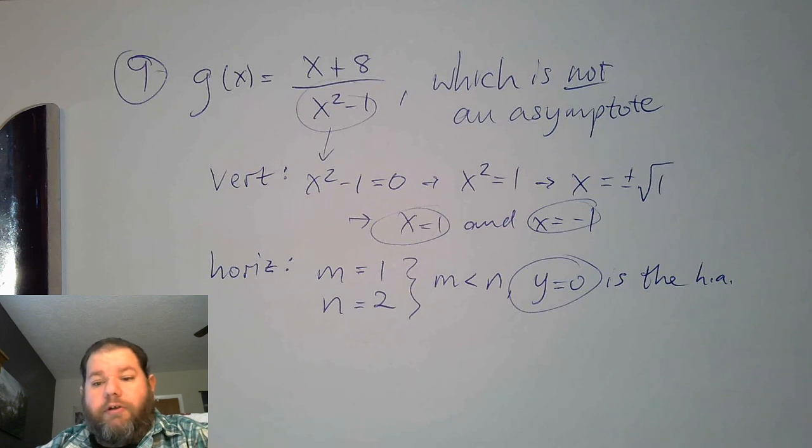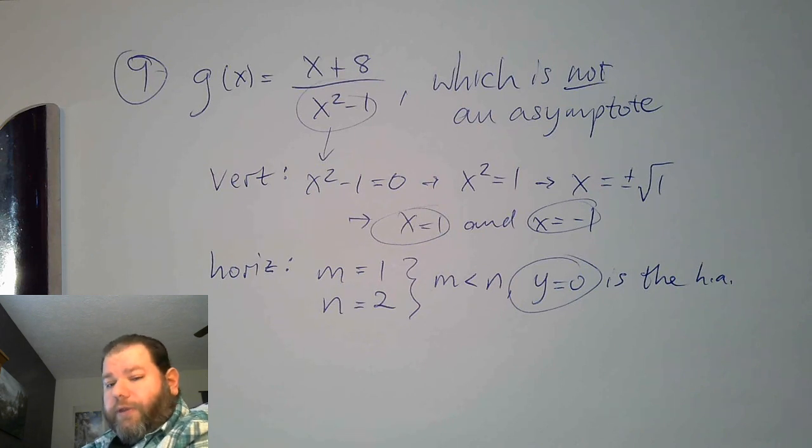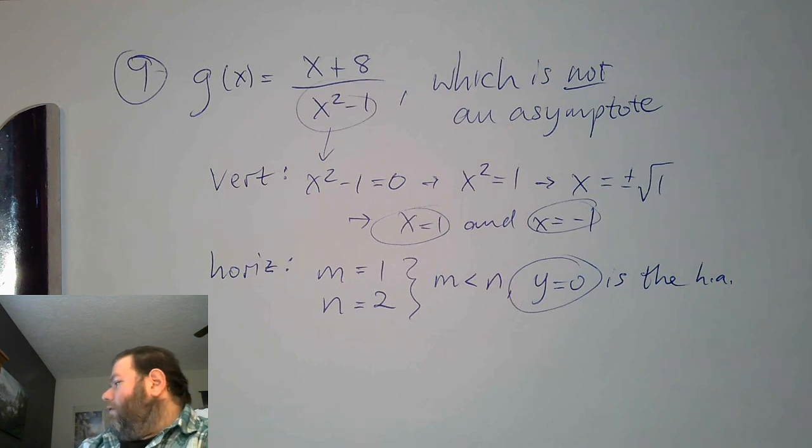So far we've determined that x equals 1, x equals negative 1, and y equals 0 are all asymptotes. If we look at the multiple choices here, that's 3 of our 4 answers. So the fourth answer that's not here, that's the one that we should pick.